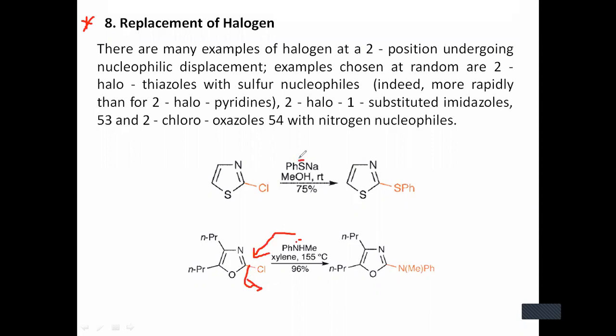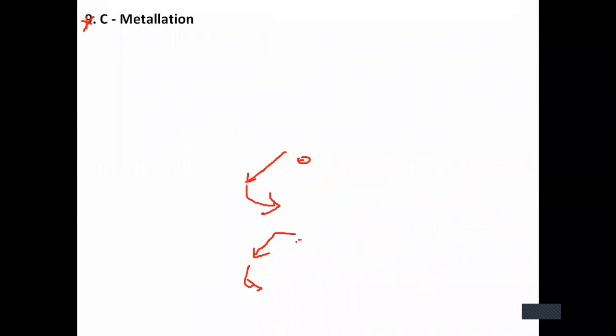Here sulfur is negatively charged; this will attack here and the halogen will go out. In both cases, nucleophilic substitution reaction is observed.